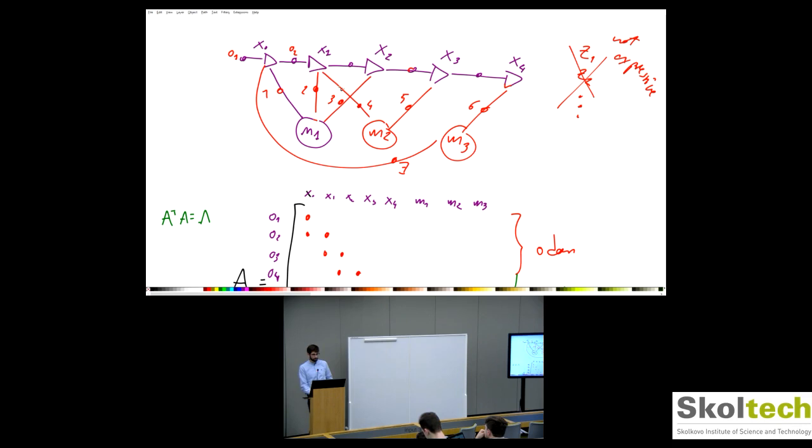Yeah, 3 and 4 are different. But what I ask is whether the resultant information matrix that you get is going to be different or not.